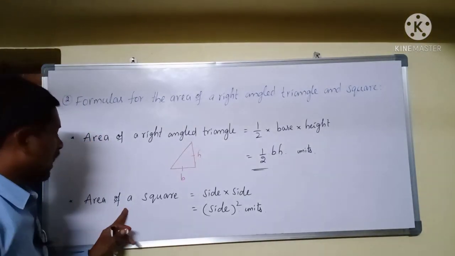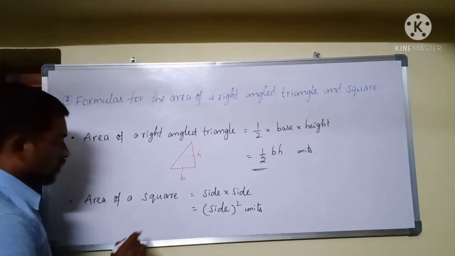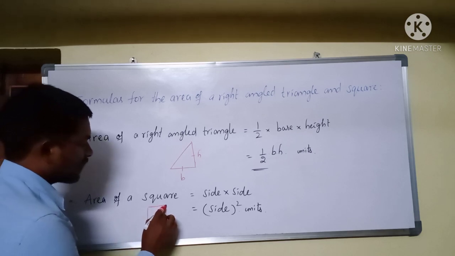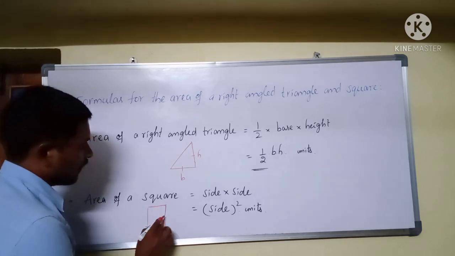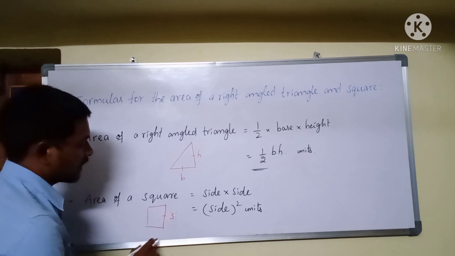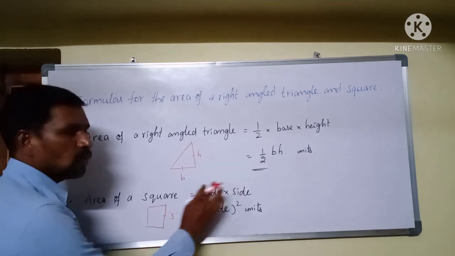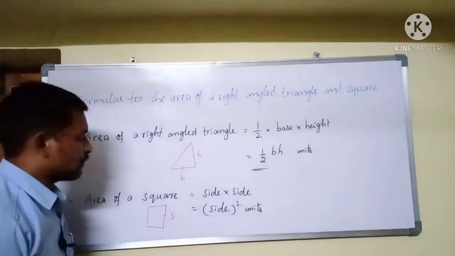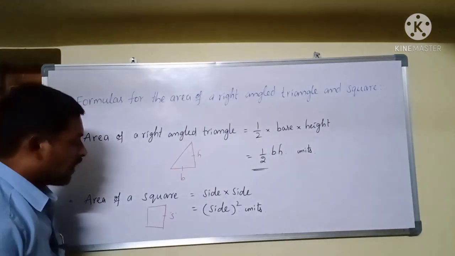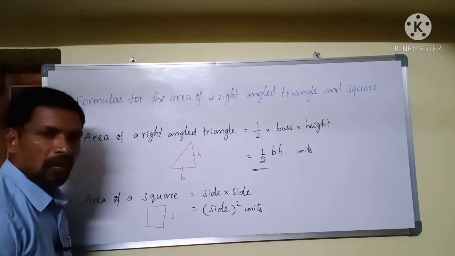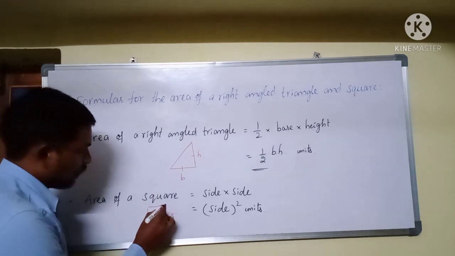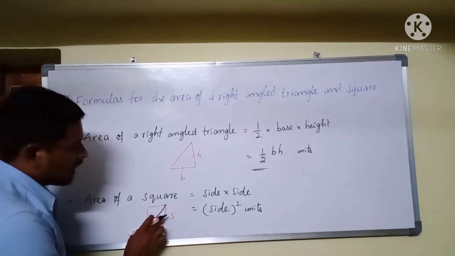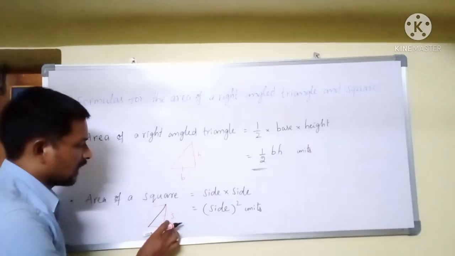Area of a square: square means 4 sides equal. If a side is S, side into side is side square. If you observe carefully, if I divide this square into 2 parts, each is one right angle triangle.